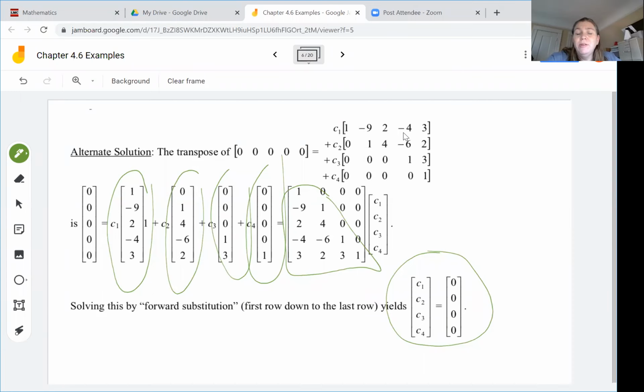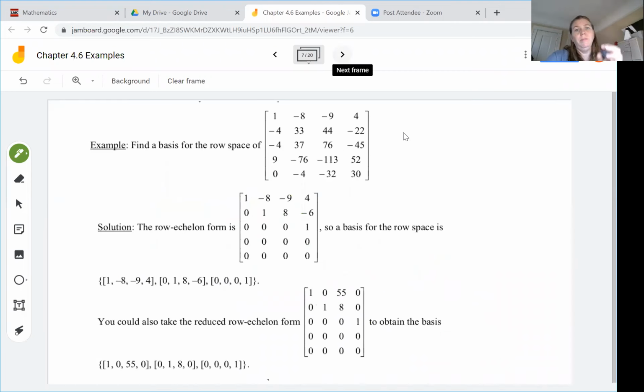So using this alternate solution, we also get the same trivial solution. The only way that this system will equal the 0 vector is if all of the scalars are 0. So this is just another way of proving linear independence.